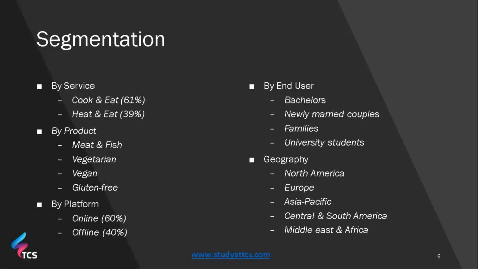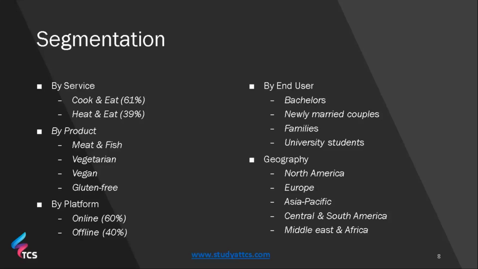And they segment by product as well. So there are meat and fish related meal kits, vegetarian meal kits, vegan as well as gluten-free meal kits. And segmentation by platform. Most of our customers, 60%, are using online channels. So when they are subscribing to meal kit services, they subscribe through a mobile application or through a website.